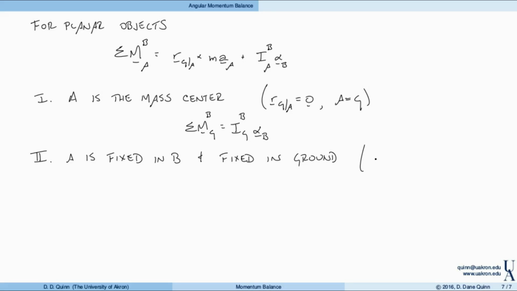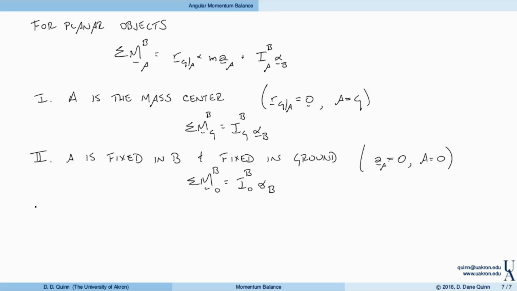As a result, the acceleration of point A is equal to 0, and we'll refer to A as O. So O is a suitable origin for our acceleration calculations. With this, the sum of the moments about point O is equal to the moment of inertia about point O times the angular acceleration of the body. So that's the second case, and it happens when the object is pinned at O, for example.